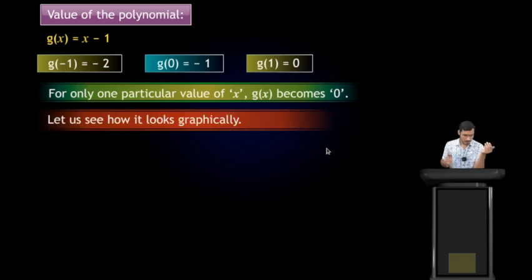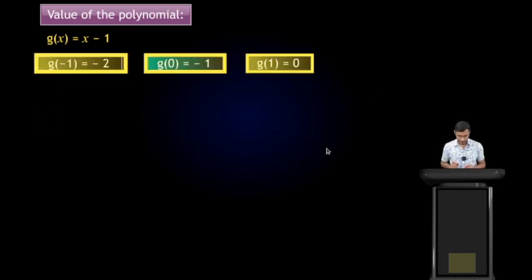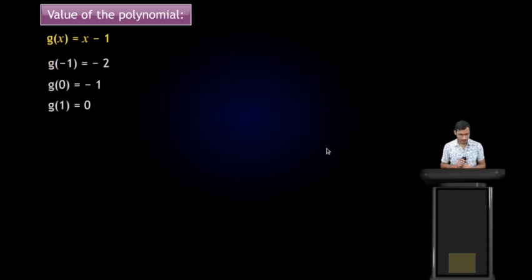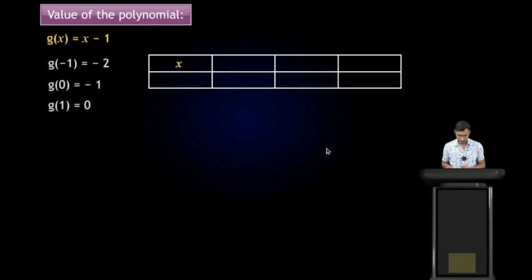Let us see how it looks graphically. Now let's see the graphical representation of the polynomial. The values of x are minus 1, 0 and 1, and g(x) is minus 2, minus 1 and 0.